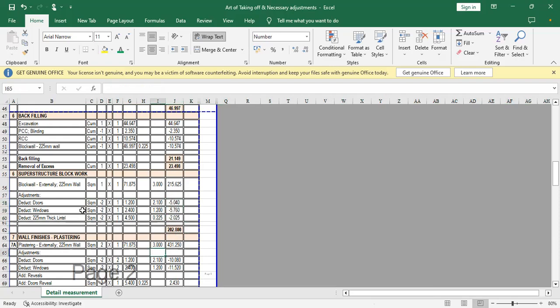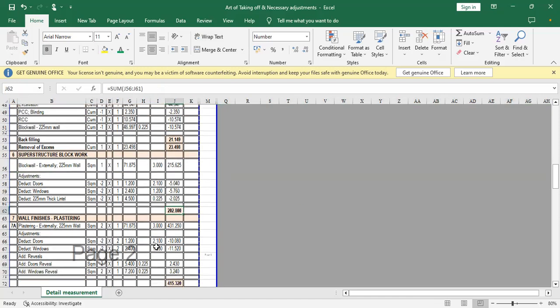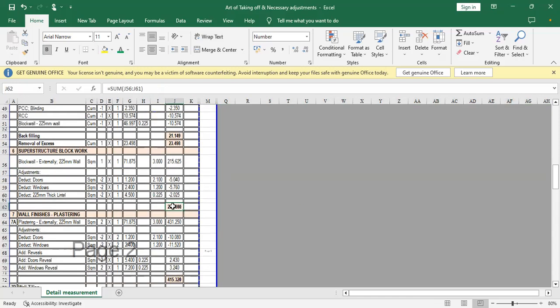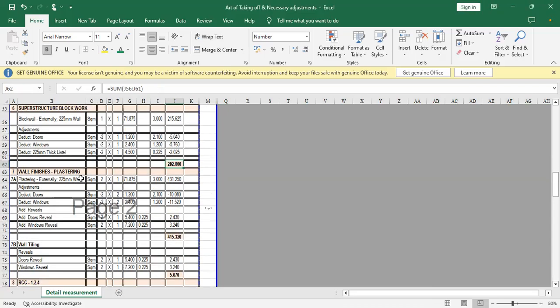So if we deduct this from our gross block wall area of 215, we will have the net area of block wall, which is 202.8 square meter. Now, this same adjustment, we need to now make provision for them as a reveal in our finishes. So that is why we have them.